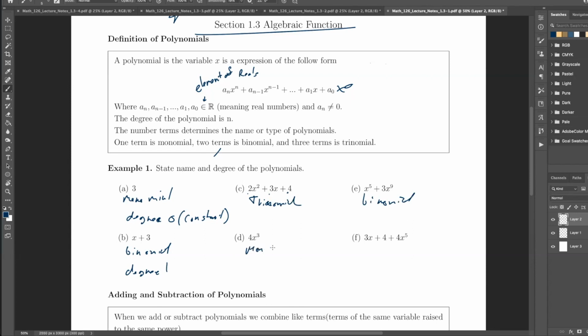This is a monomial. The term monomial only applies to how many terms it has. Once again, this is a trinomial. Okay. So what's the highest degree? So the highest degree here is degree 2. The highest degree here is degree 3.